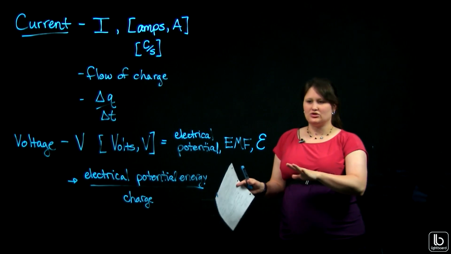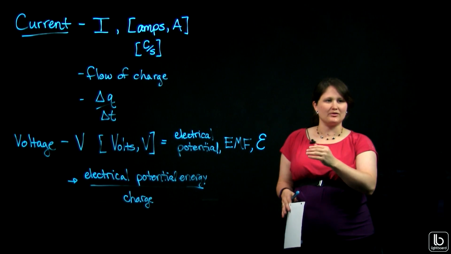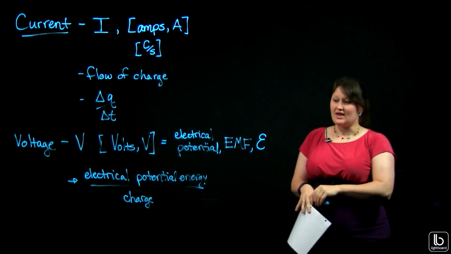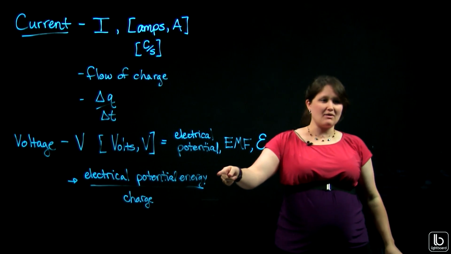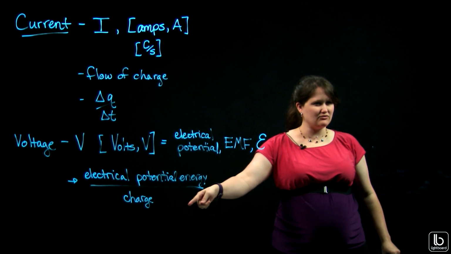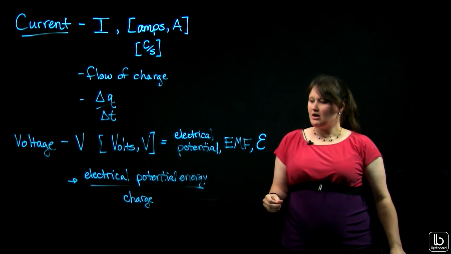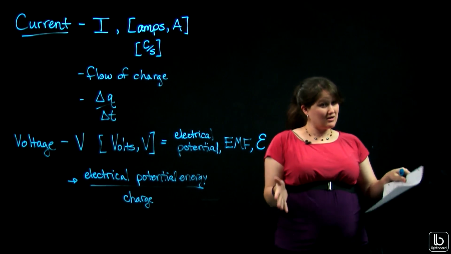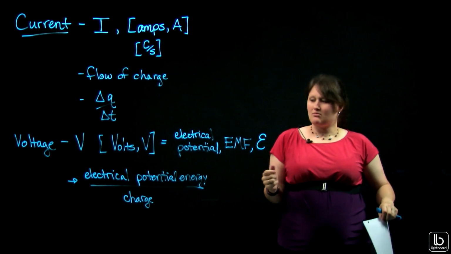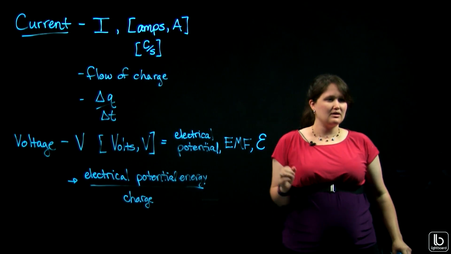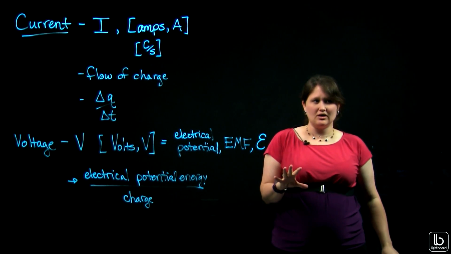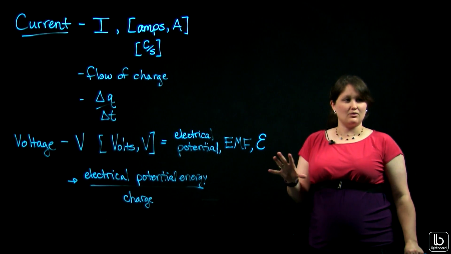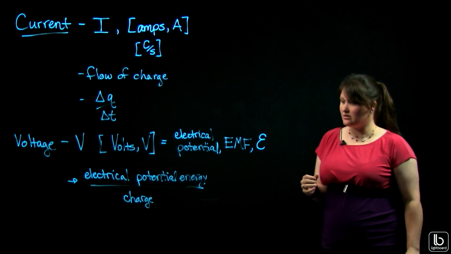But voltage, again, we define as electrical potential energy per charge. So if I have a high voltage, that may mean that I have a fair amount of electrical potential energy and a small amount of charge. That can give me high voltage. I can have a huge amount of electrical potential energy and a large amount of charge. But this ratio here tells me that voltage is not necessarily what's damaging. And we'll see in class some examples of this.